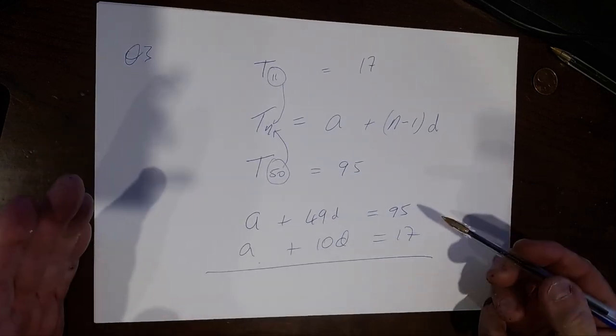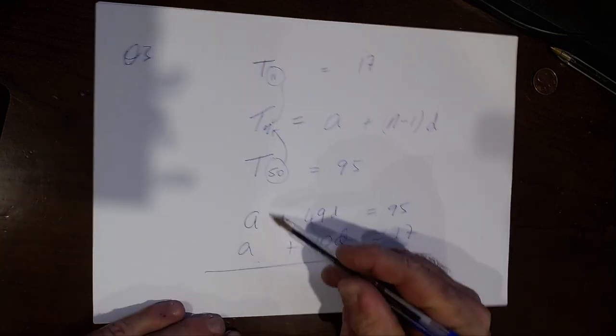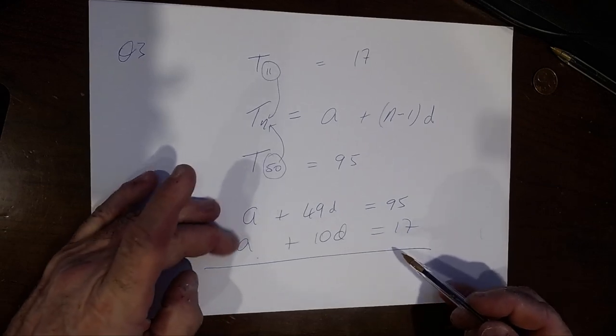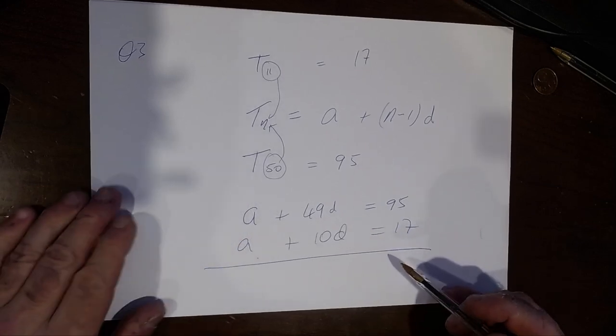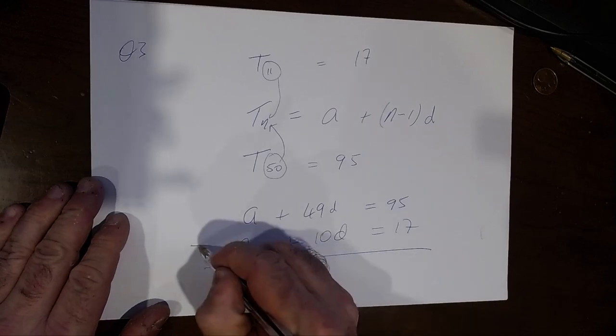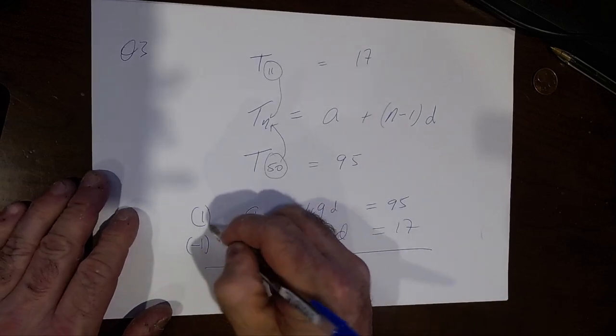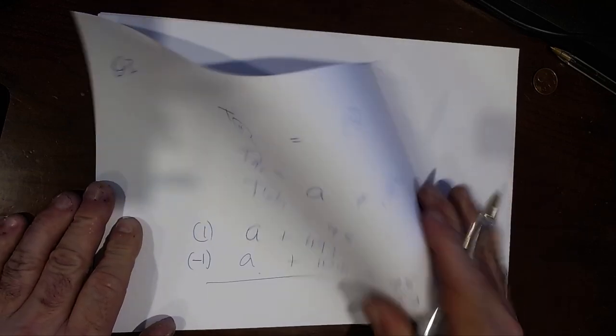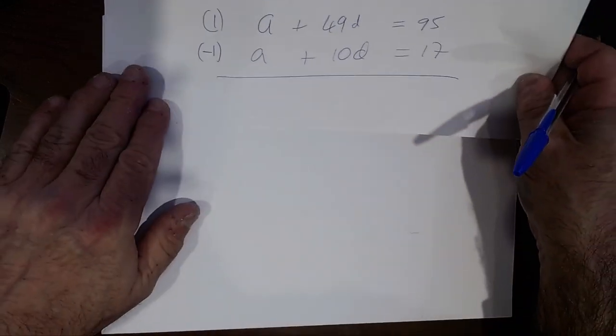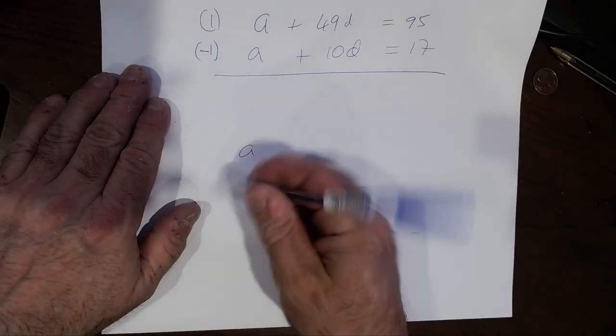Now, this we can recognize as a simultaneous equation with these aligned, but they're not opposite. So we're going to make them opposite by multiplying by -1, and we leave the top one multiplied by 1. So we'll write it out again, applying the scaling.